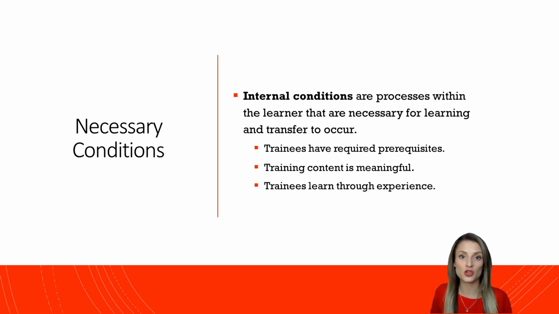First, we have to make sure that trainees have the required prerequisites to complete training. Then, to encourage active learning, training content should be meaningful, and trainees should have plenty of opportunities to observe trainers and others demonstrating correct behaviors and opportunities to practice what they learn.